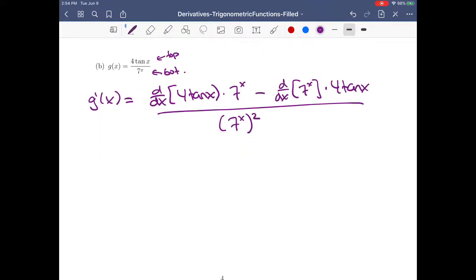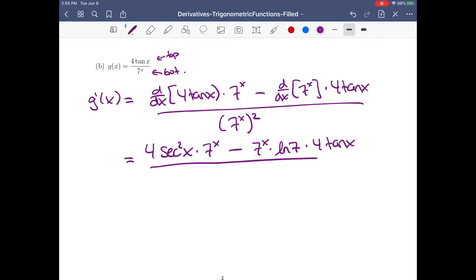So the derivative of 4 tan x is 4 secant squared x, and the derivative of 7 to the x is 7 to the x times ln of 7 times 4 tan x, and this is all over 7 to the x squared, or 7 to the 2x.